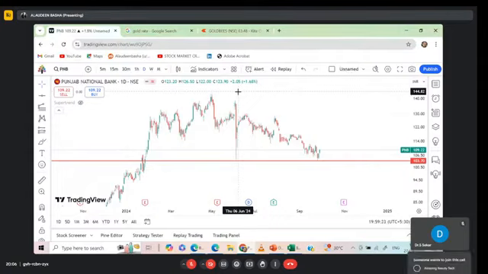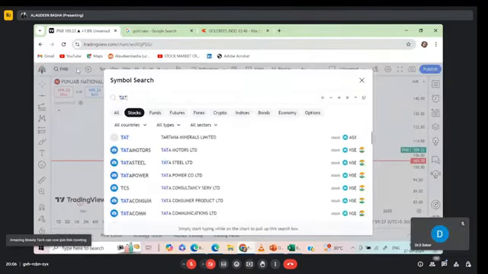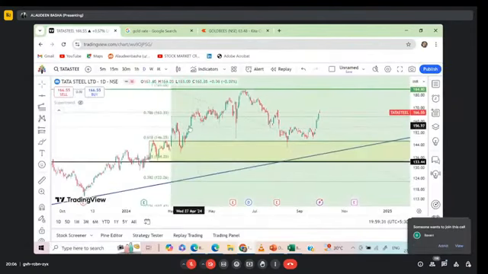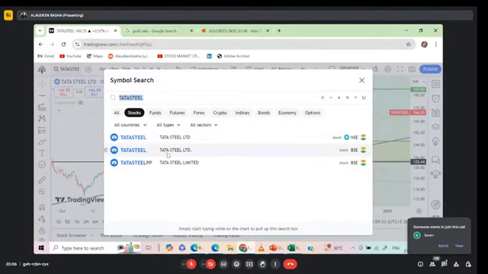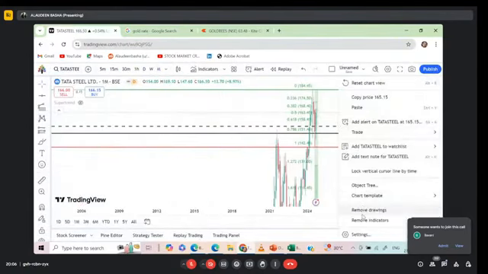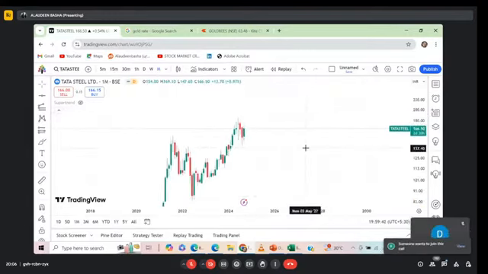Tata Steel, sir. Tata Steel, yeah, very good. It's one of my favorites. Tata Steel, you just mark my word. What's the current price of Tata Steel? Anyone? 166.55, sir. You mark my word, Tata Steel will reach a minimum of 600 rupees.